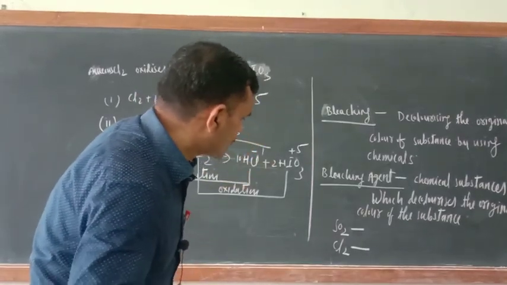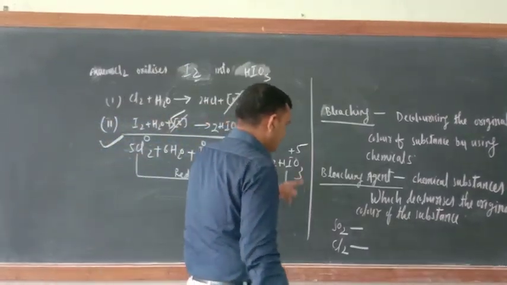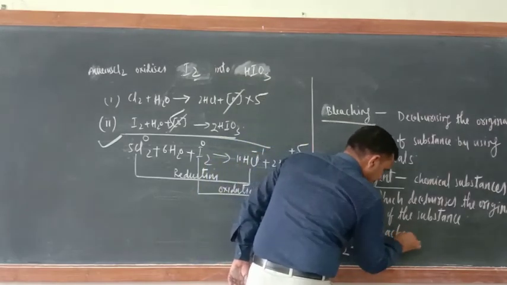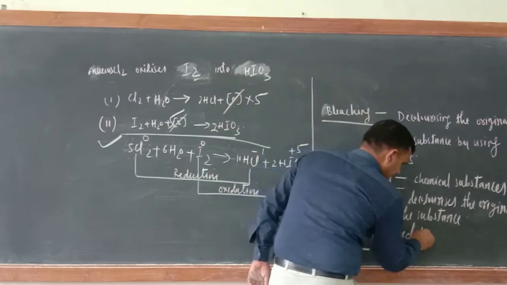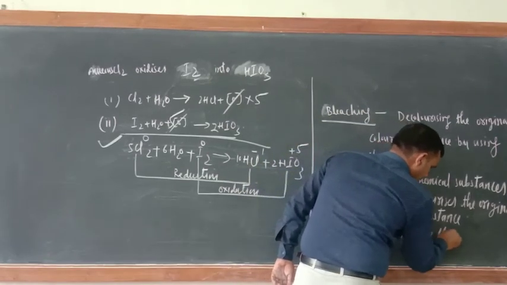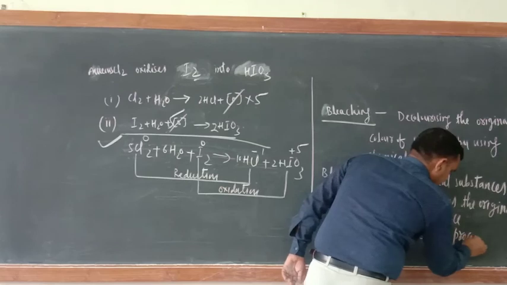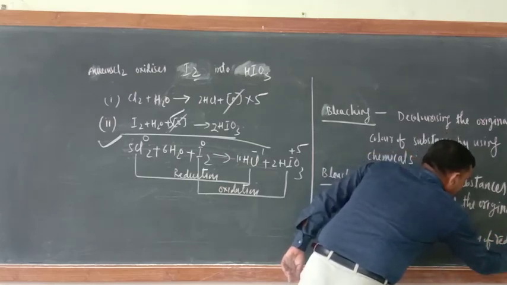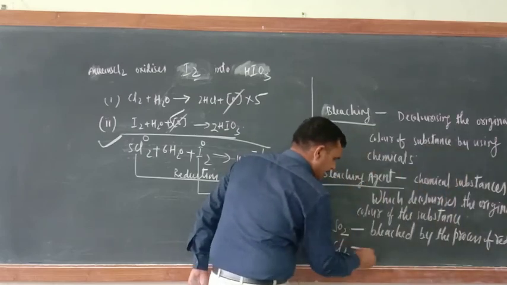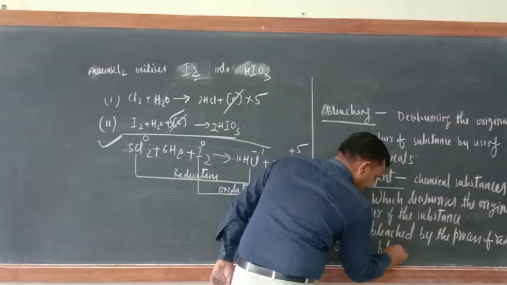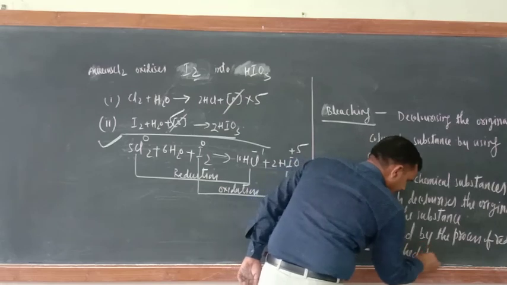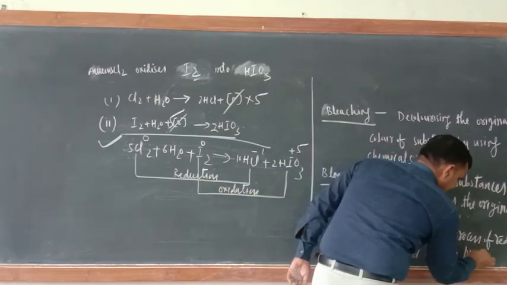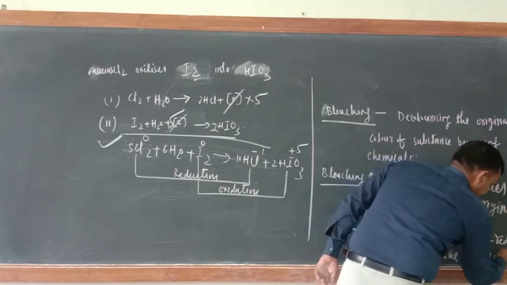Actually SO2 bleaches by the process of reduction. Cl2 bleaches by the process of oxidation.